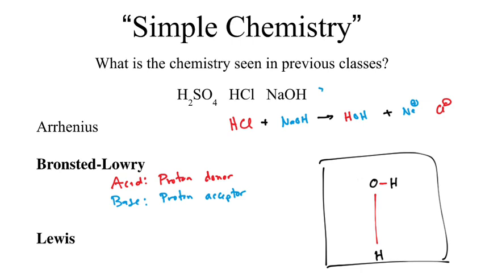If we look at the Arrhenius or the Bronsted-Lowry definition, it's only talking about the presence of the atom. But if we only talk about the atom, we lose a lot of meaning. Because what dictates whether we have a molecule or not isn't the presence of the atoms or even the spacing of the atoms.